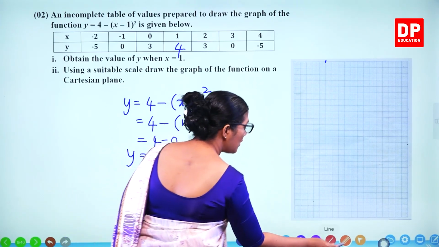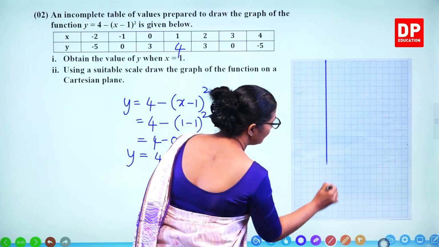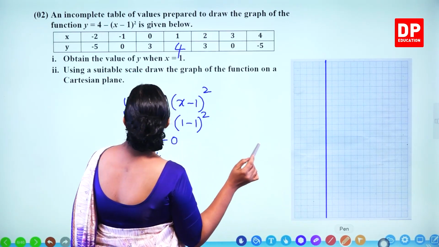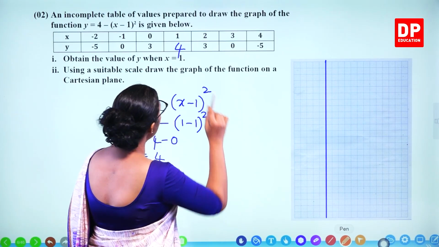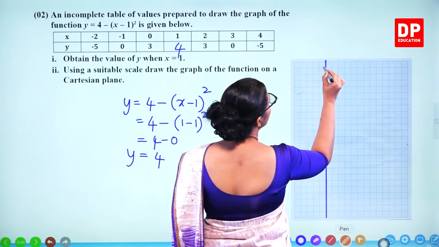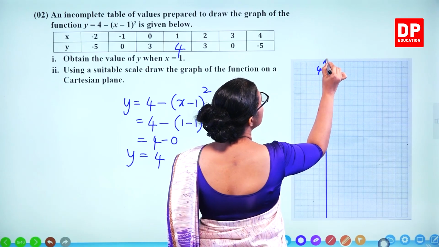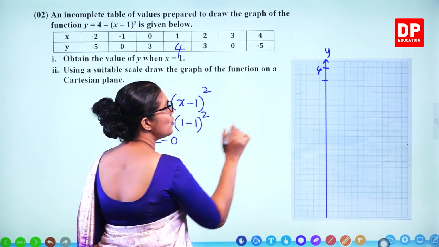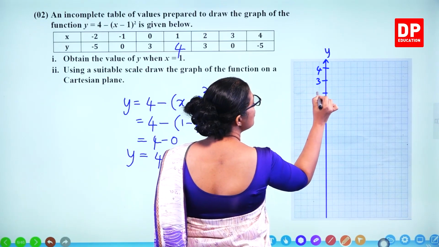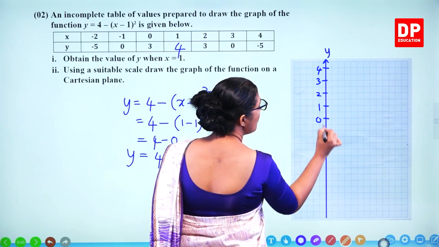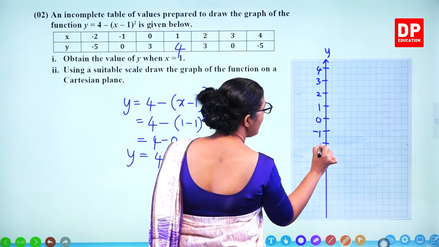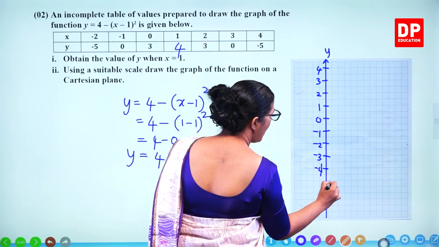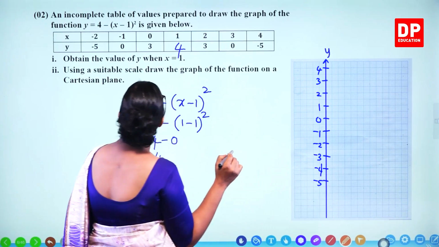Now we can draw the y-axis from there. Then mark the y-axis values starting from plus 4. We'll take 4 here, 10 squares, 1 unit. 3, 2, 1, 0, minus 1, minus 2, minus 3, minus 4. And the minimum is minus 5.